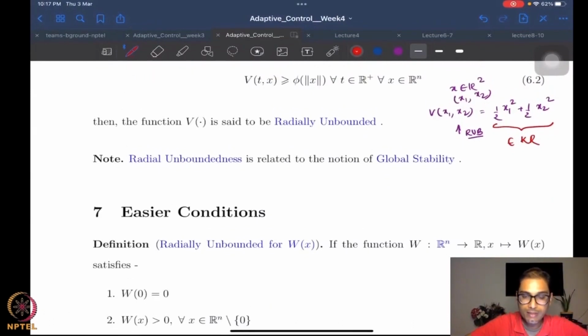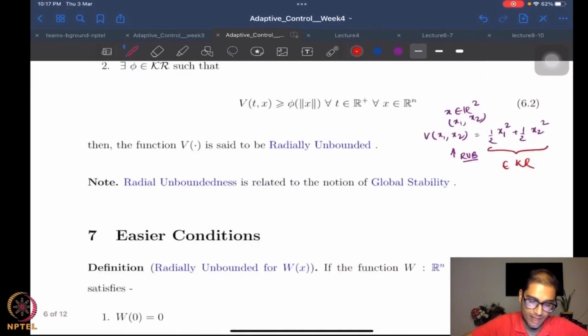Why? Because it's 0 at 0. If you plug in the zero value of the state, that is x1 and x2 are both 0, which is what it means for x to be 0, I get a 0 here. And it is strictly increasing and going to infinity as any x goes to infinity. So in any direction, if you go to infinity, this is going to go to infinity. So this is itself a class KR function. Therefore, V is in fact a radially unbounded function also. Every class KR function will also be a radially unbounded function.